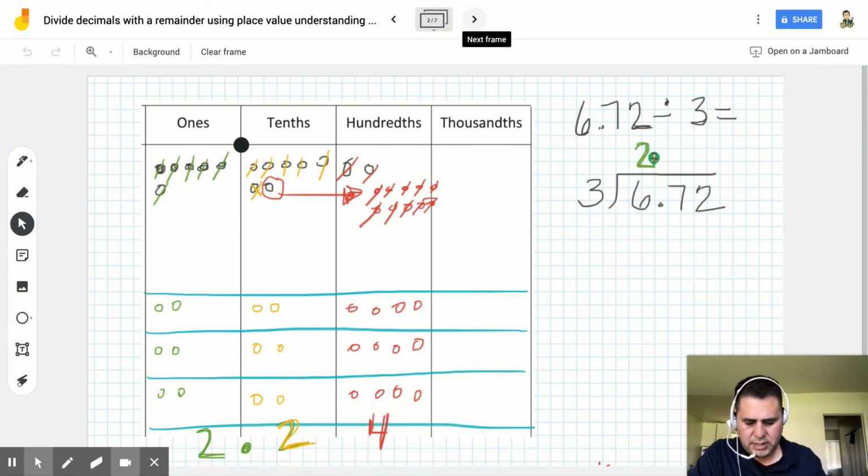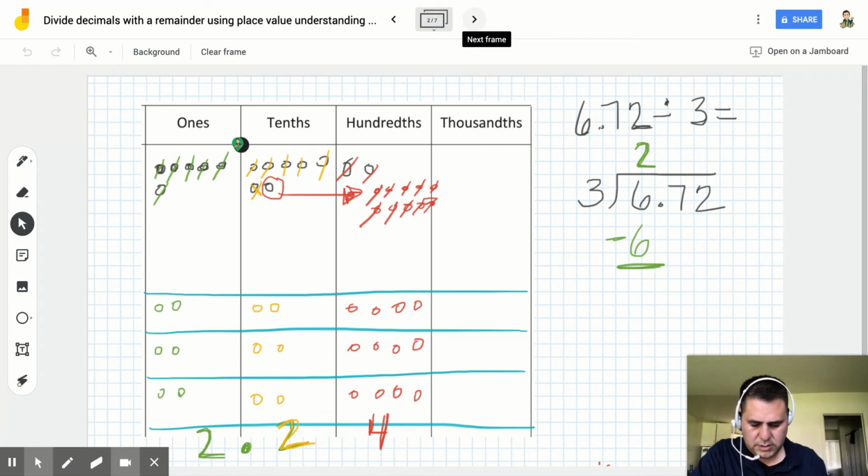So if I give everyone 2, how many will I have used? How many have I used up? Well, that's 6. I've used up 6. And if I give up the $6, how many dollars will I have left? Well, they're all gone.